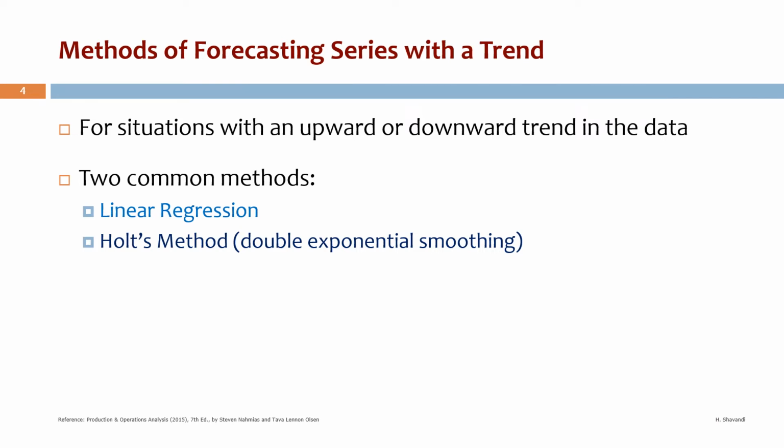Now we are going to consider the time series with trends. So the time series could be in uptrend or downtrend behavior, and if we see this kind of behavior in our time series, we can consider linear regression or Holt's method for forecasting.